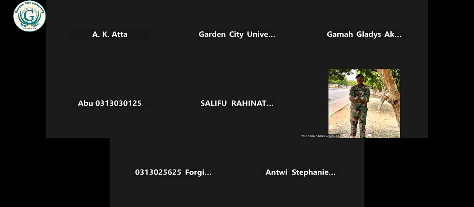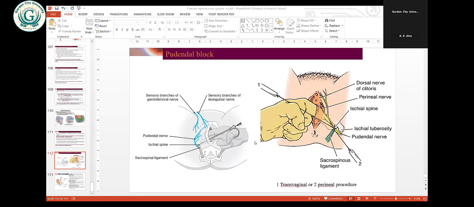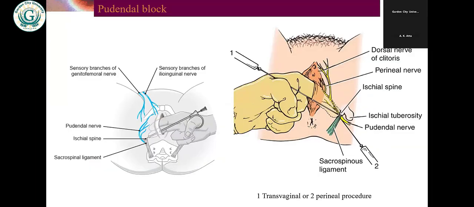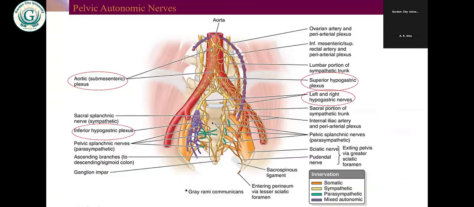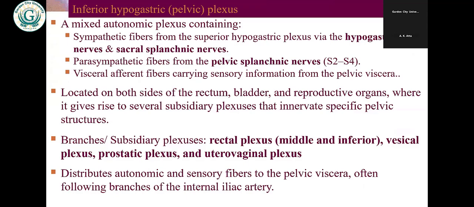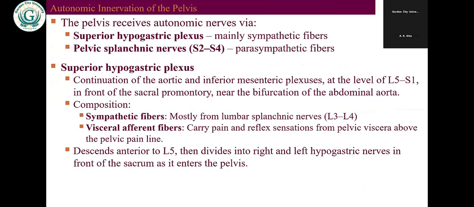So autonomic innervation, somatic innervation, and lastly, visceral sensory innervation. Those are the things that you will have to look at. I repeat again, there is somatic innervation, autonomic innervation, and visceral sensory innervation.